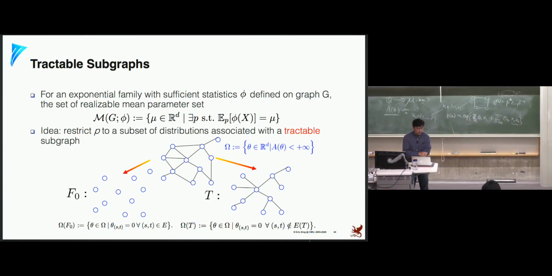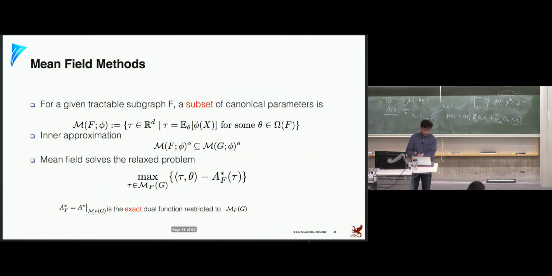In terms of canonical parameters, it means we are setting all the edge pairwise canonical parameters to 0. So the set of canonical parameters we consider is much smaller now. Or, on the other hand, we can also form a tree graph, and we know exact inference on a tree graph is efficient. So these are 2 options.